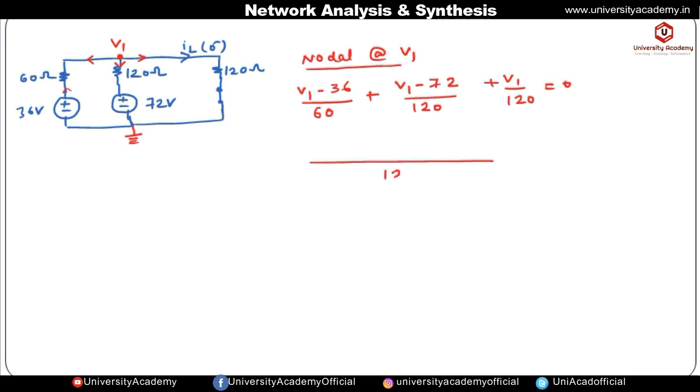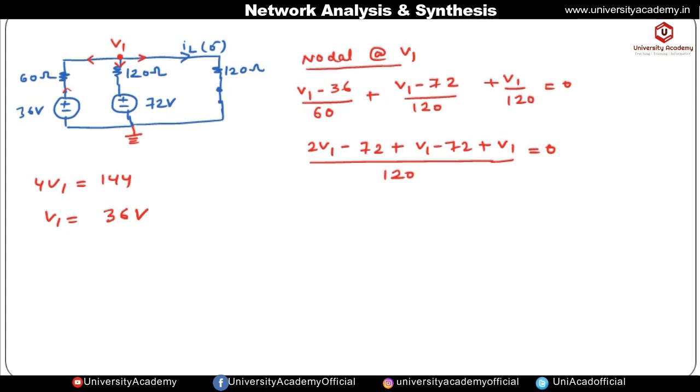Taking the LCM as 120, we get 2V1 minus 72 plus V1 minus 72 plus V1 equal to 0. So this is 4V1 equal to 144.